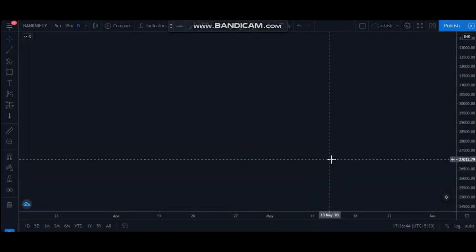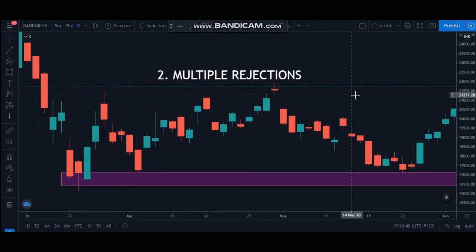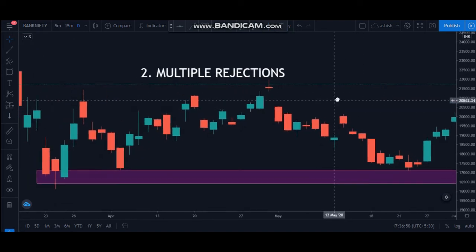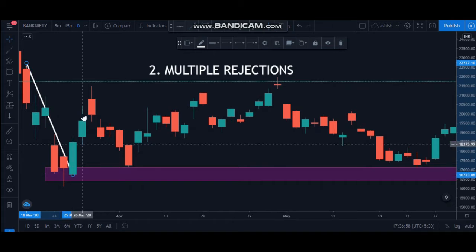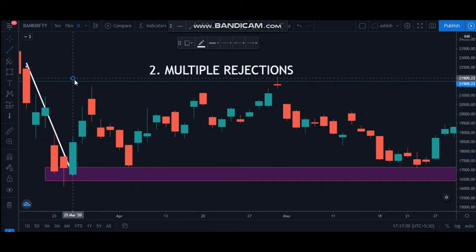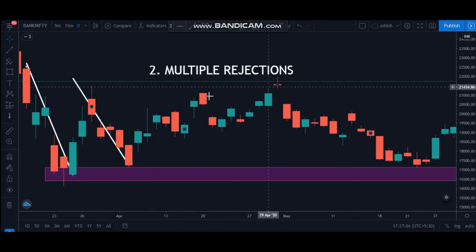Now let's move on to the second one. Multiple rejections. You can see here price came down to this area and reversed. Again, second time came to this area and reversed.